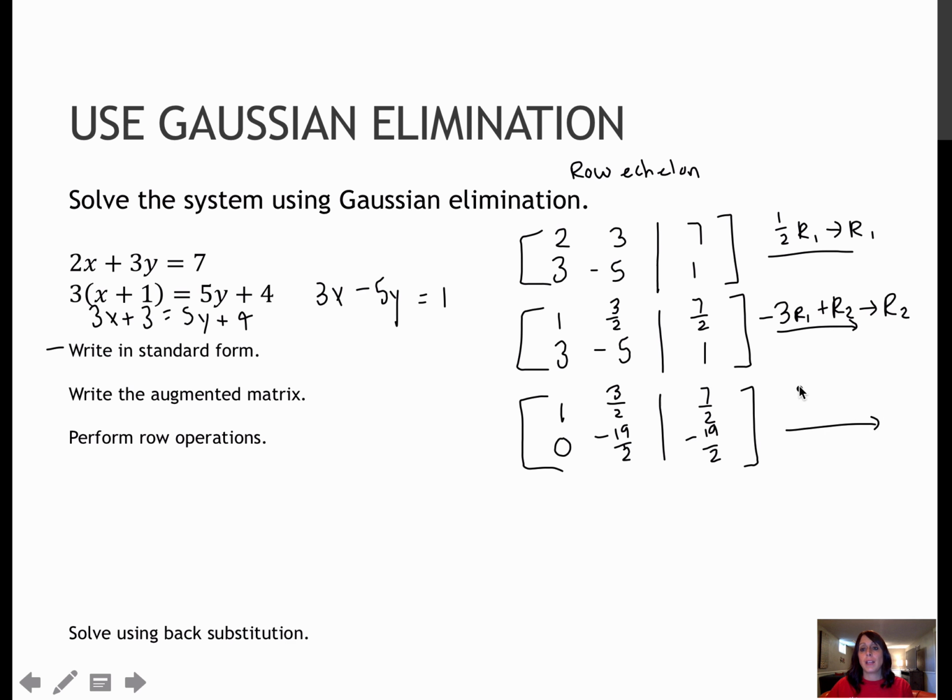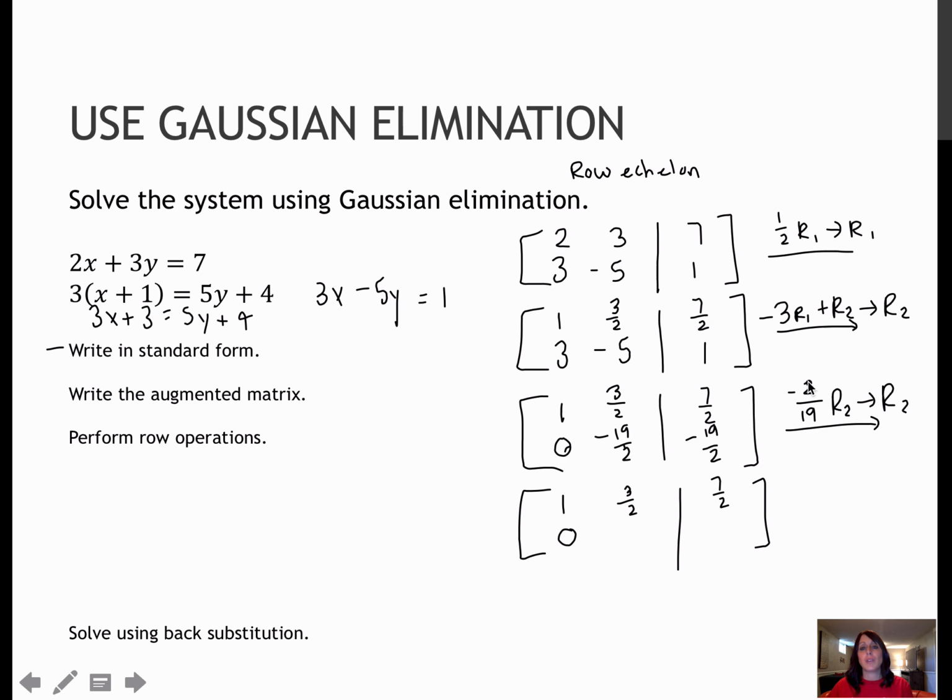So if I take negative 2/19 times row 2 and put it back in row 2, these will be much easier to deal with. My row 1 is 1, 3 halves, 7 halves. My row 2, this times negative 2/19 is still 0.